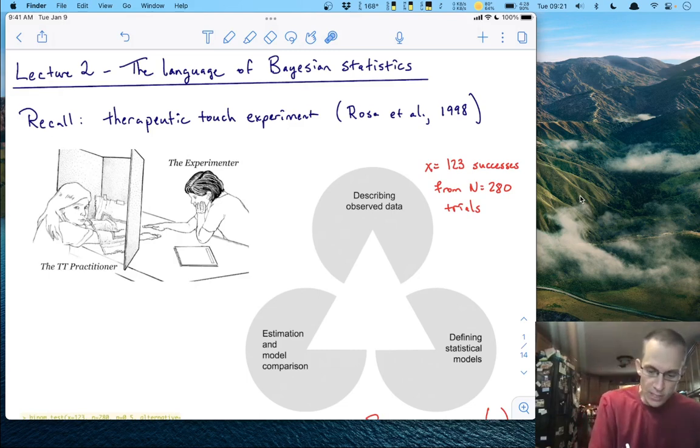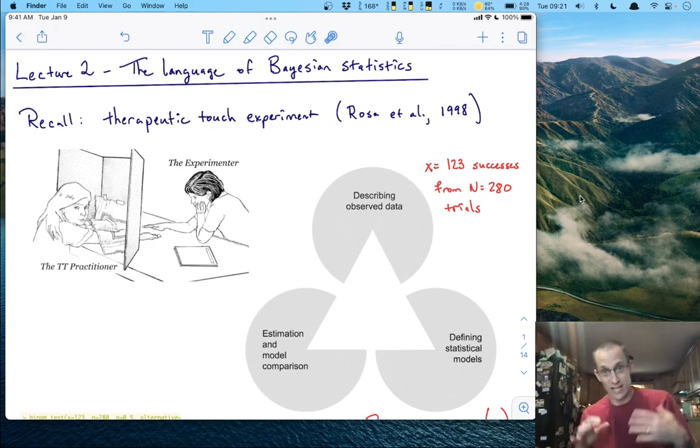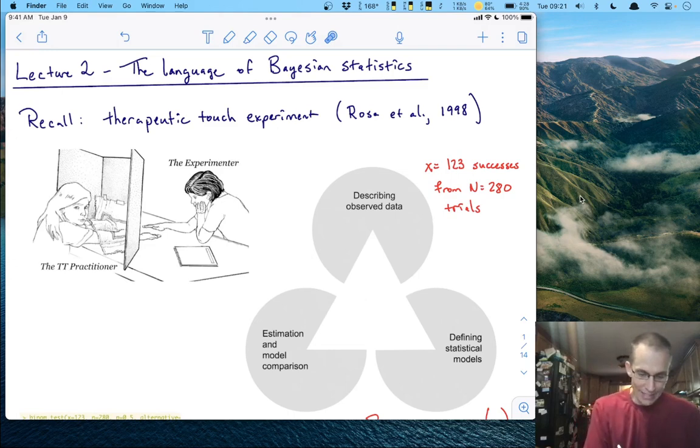Now, after you've watched Lecture 1, you might recall that one of the big subjects in that lecture was the so-called therapeutic touch experiment. This is the famous Emily Rosa experiment from the late 90s. The idea was that practitioners of therapeutic touch were placed behind an occluding screen with their hands through a slot, and then the experimenter would randomly select a hand to hold her hand above, not touching, but just slightly suspended above.